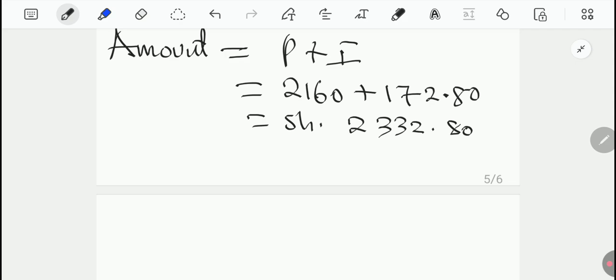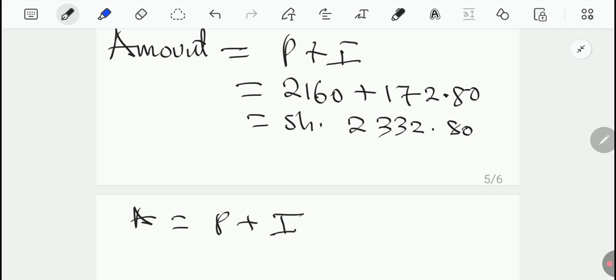Now we're going to continue to get the compound interest. Now to get the interest that someone has used, you just say compound interest. That's the money that it has been yielded on you. This amount is equal to principal plus interest.